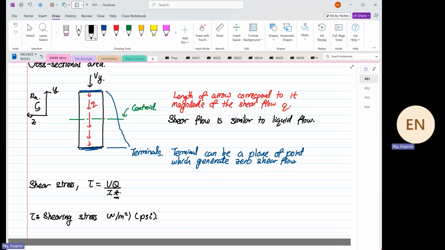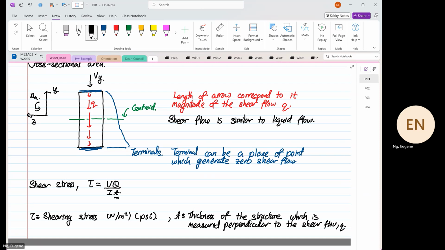And the next thing that we have is t. This corresponds to the thickness of the structure, which is measured perpendicular to the shear flow Q.